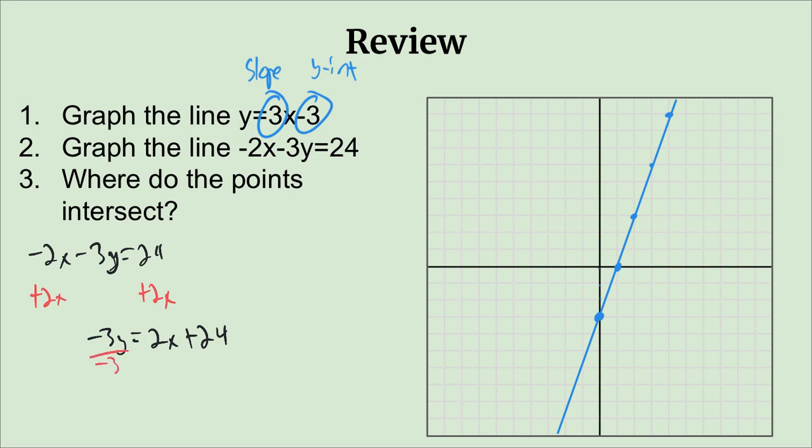Divide everything by negative 3, and we get y equals negative 2/3 x minus 8. So we go down to where x equals negative 8, and our slope is negative 2/3, so we go down 2 to the right 3, and then use our line tool.